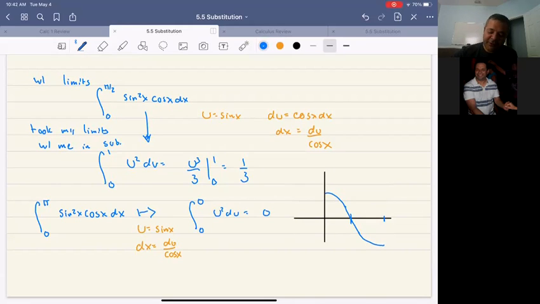So this positive part and this negative part canceled out. Interesting. So you want to try to exploit these ideas. These things work like that.